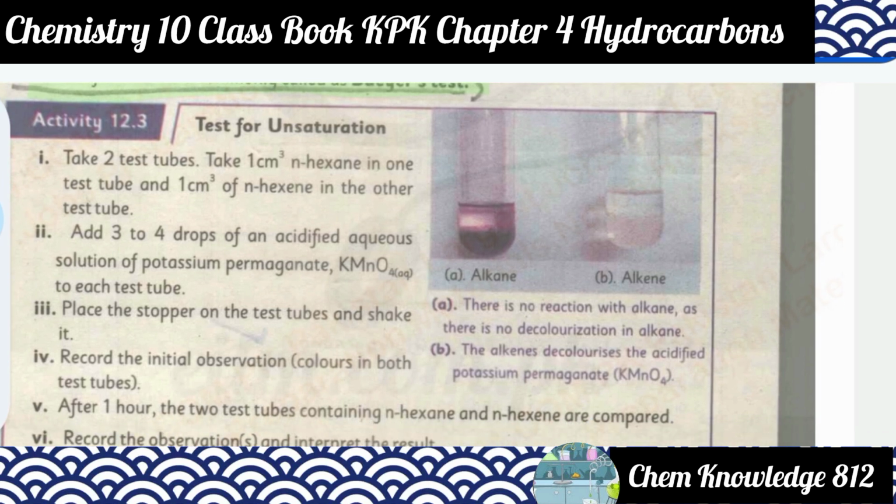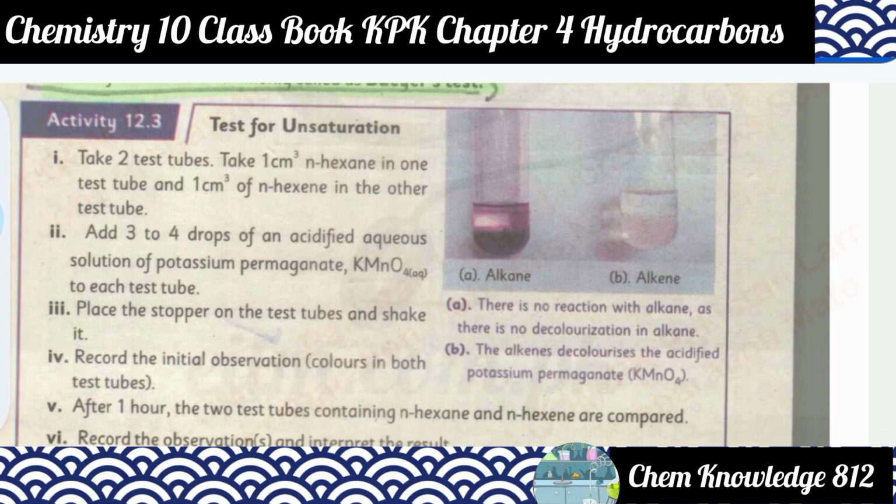So here this test is shown, this is an alkane, this is an alkene. So it says take 2 test tubes, take 1 ml of hexene in one test tube and 1 ml of hexane in the other tube. Add 2 to 3 drops of acidic solution of potassium permanganate to each tube, place the stopper on the test tube and shake it.